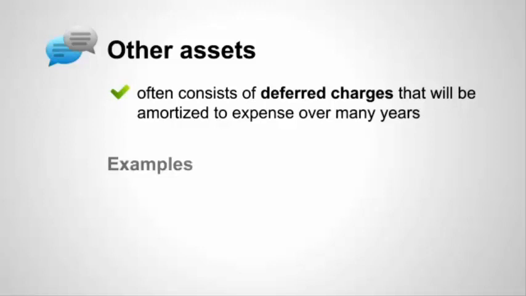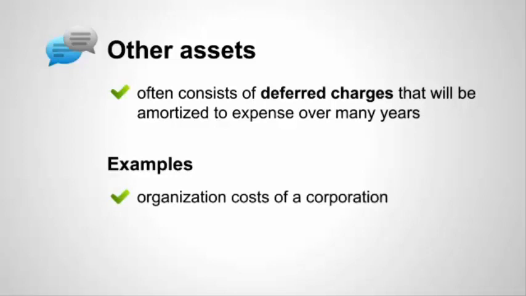And an example would be our organization costs for our corporation. We had to pay a lot of money to attorneys and registration people in states and whatever, and we incurred a lot of money there, and we might say, let's spread that out over 5 years because that's what the tax people do. That's a crummy logic, but that's what happens. So organization costs might be down there.